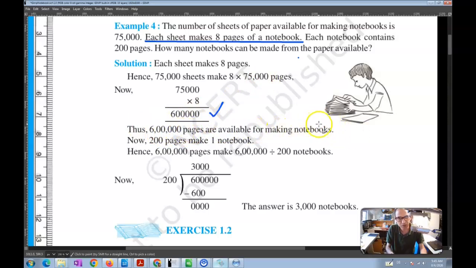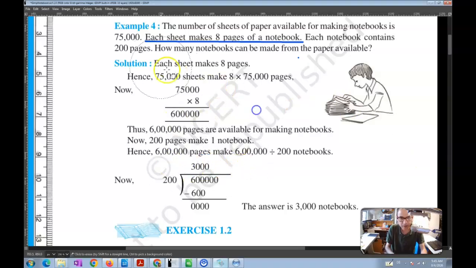That's exactly what I happen to do. Now 200 pages make one notebook, hence 600,000 pages make 600,000 divided by 200 notebooks. And when you divide 600,000 by 200, you get 3,000, the number of notebooks that you can make, right? So this is one way that you can solve this problem.